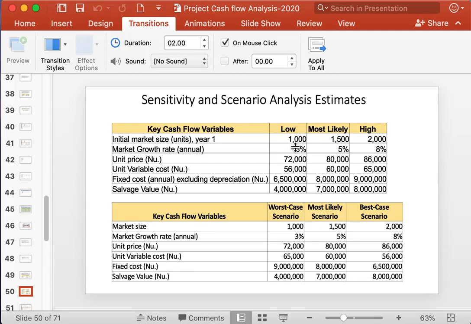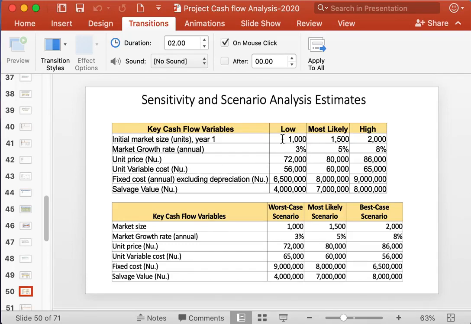So if you see here, you can see that in case of sensitivity analysis, when we take low values of each of these variables, then we are taking low values for all these variables.